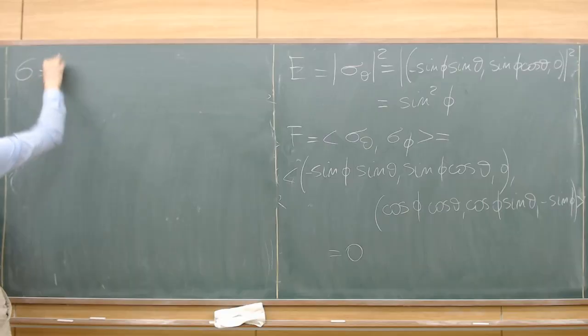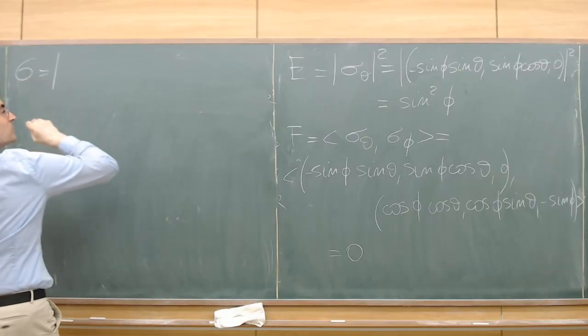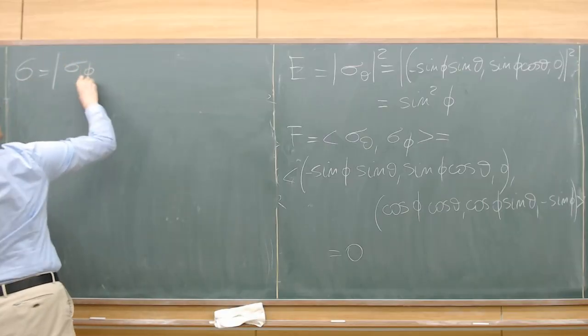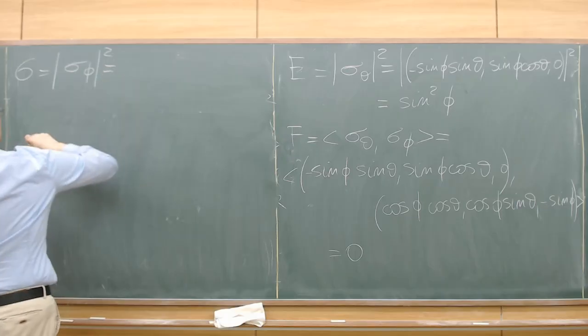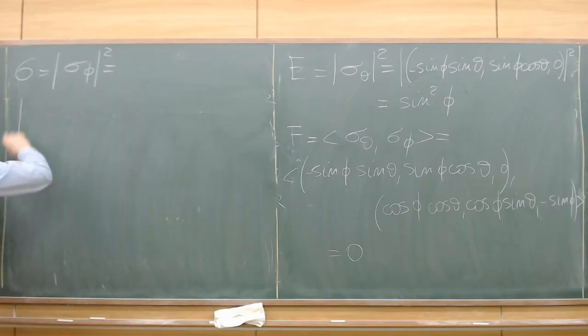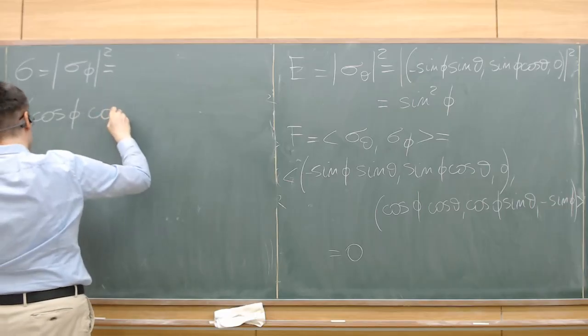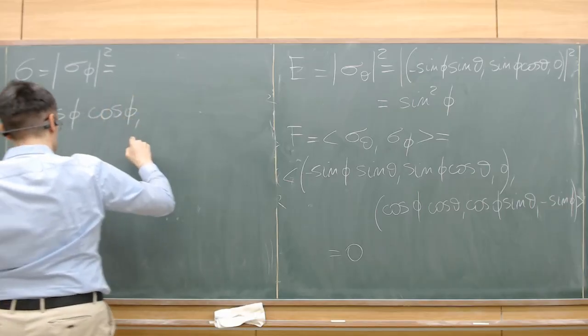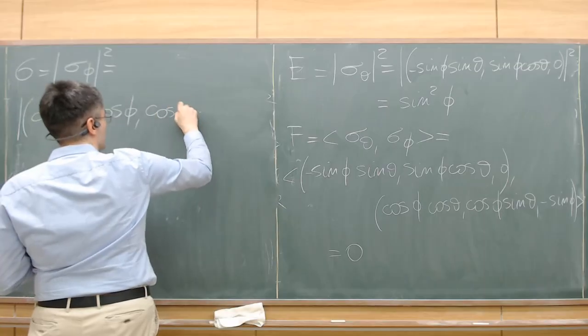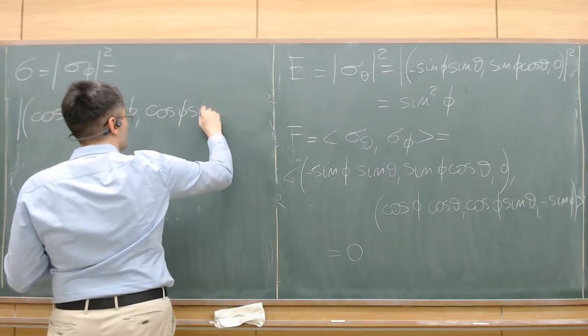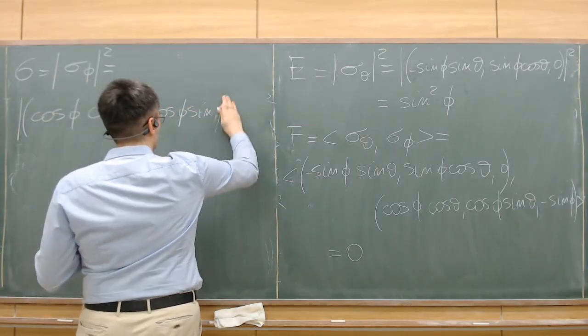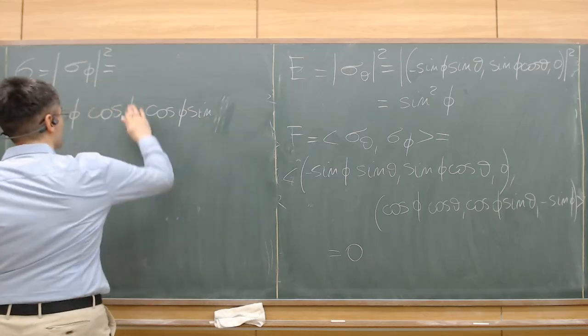G is the square of the length of sigma phi, that is the square of the length of this vector. Sorry, I made a typo.